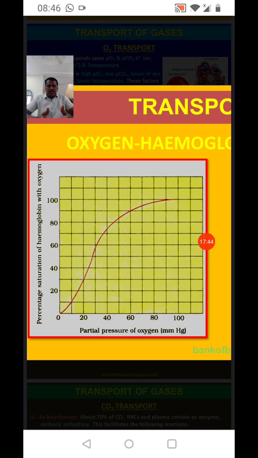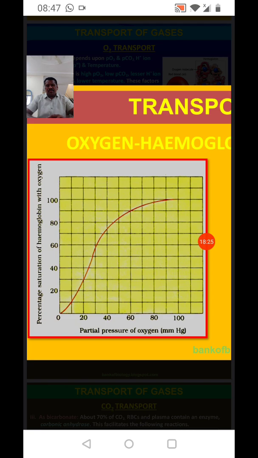The saturation of hemoglobin increases, that means binding of oxygen with hemoglobin increases, where the partial pressure of oxygen is high, or the partial pressure of carbon dioxide, pH and temperature are low. Okay, where are these conditions present? These conditions are present at alveoli. That's why oxyhemoglobin is formed.